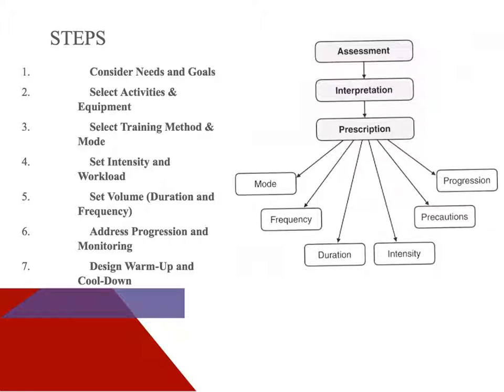We want to select the appropriate training method, activities, and equipment based on that, and we'll talk about that a little later. And we will talk about the FIT principle more specifically based on our client's training status and their goals and their needs a little later as well. And then what it looks like to progress and what it looks like to warm up and cool down.